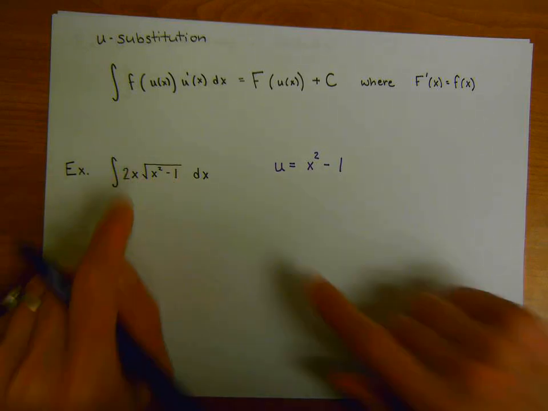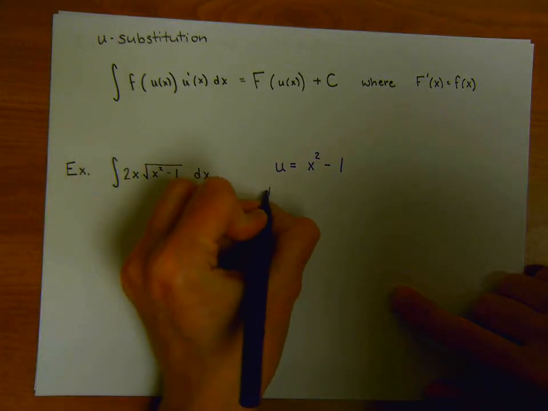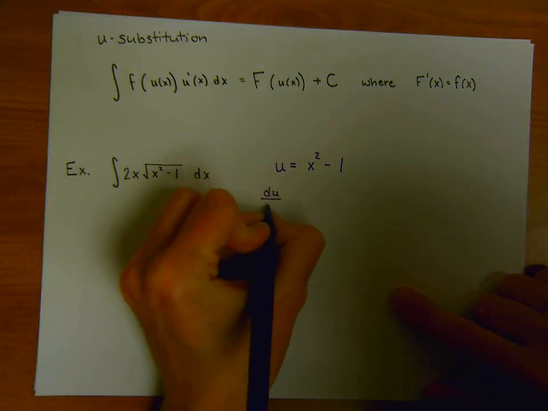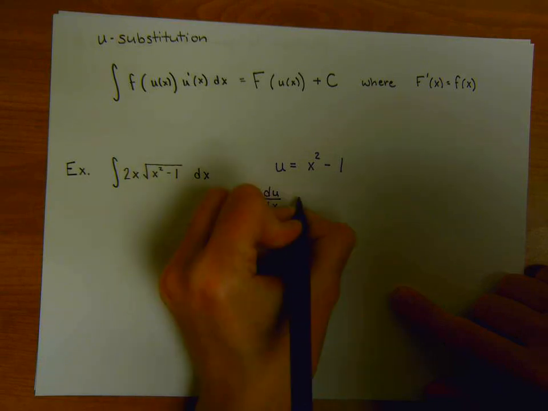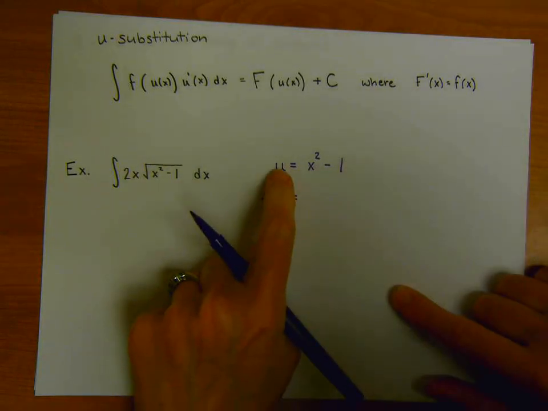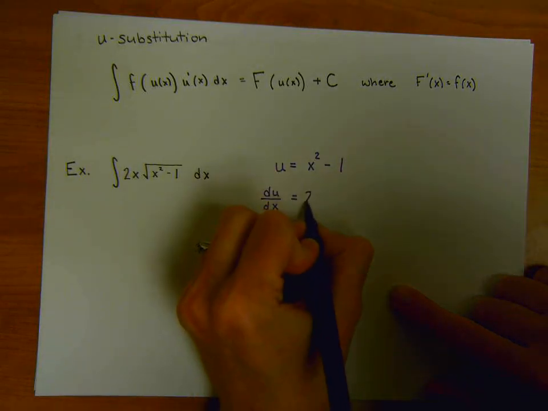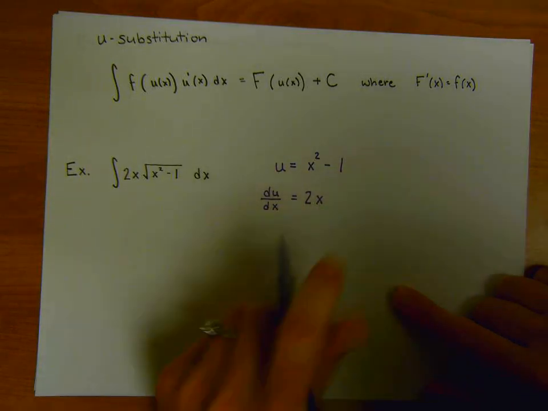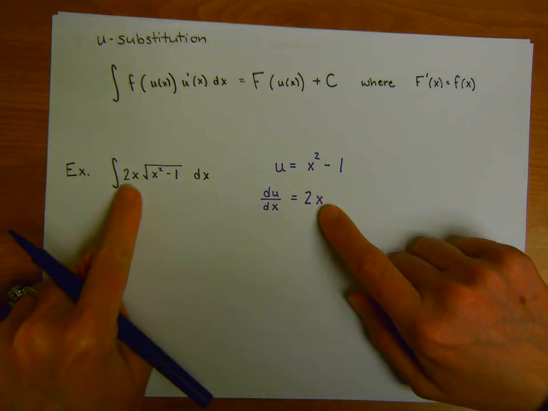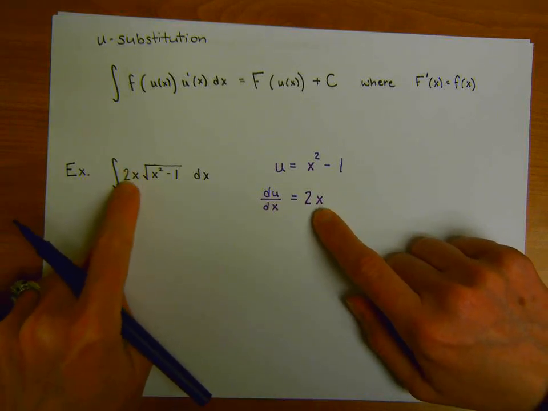And I write the derivative of u, du dx. If this is u, the derivative of this is exactly 2x, right? And that's the piece that we wanted it to be.